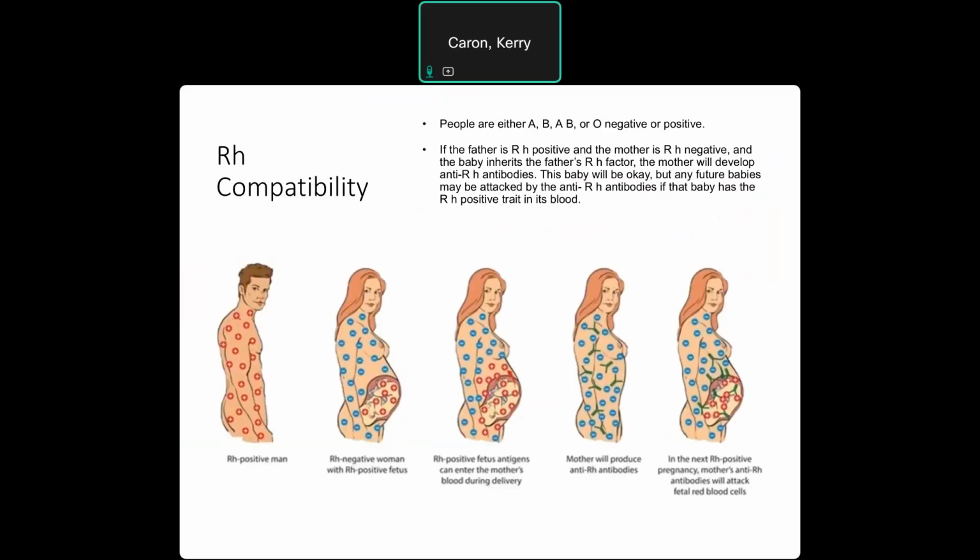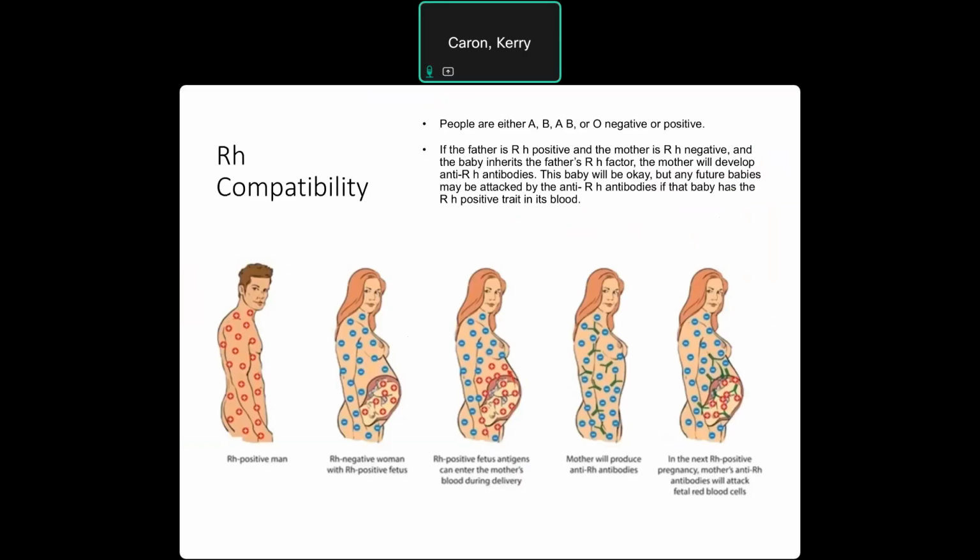So let me show you this again. You have an RH positive man. He's positive. She's negative. Okay. If you have an RH positive woman, you've got no problems. But if a woman is RH negative and the baby happens to get that RH positivity from their father, now that baby is RH positive.